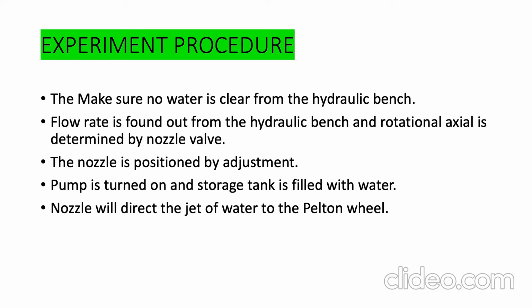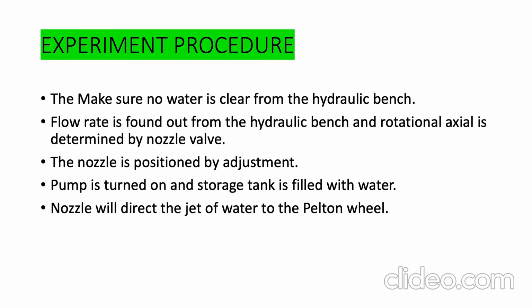Okay, next we go for the experiment procedure. The experiment procedure for this Pelton wheel experiment consists of 5 steps. The first one is make sure there is no water from the hydraulic bench.